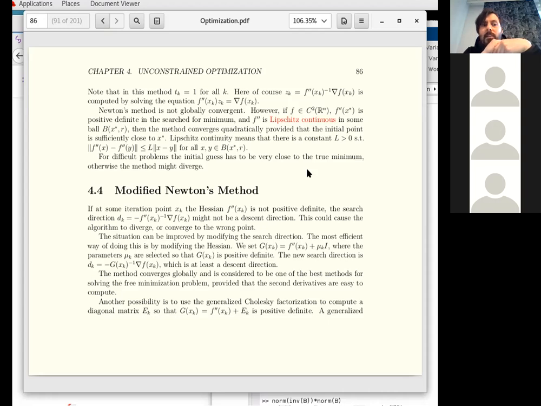So if we move from x to y, then the norm of the change in the function is bounded above by some multiple of the norm of the change between x and y.